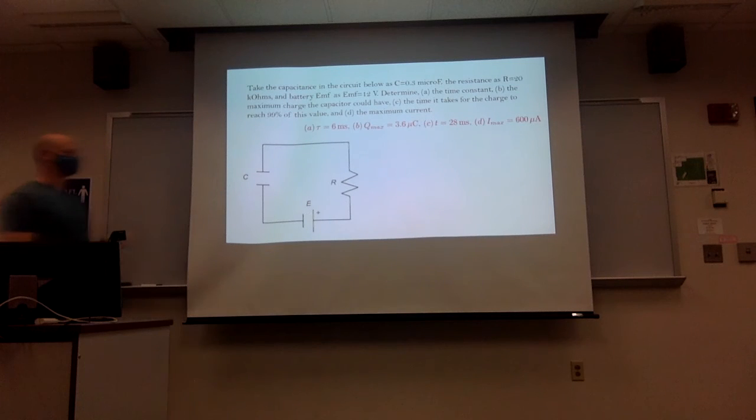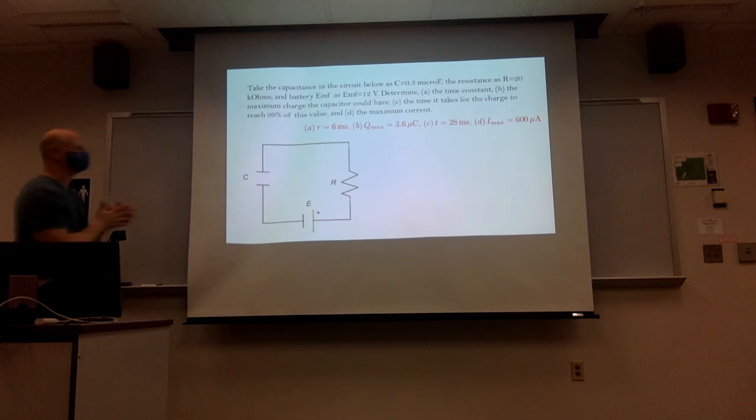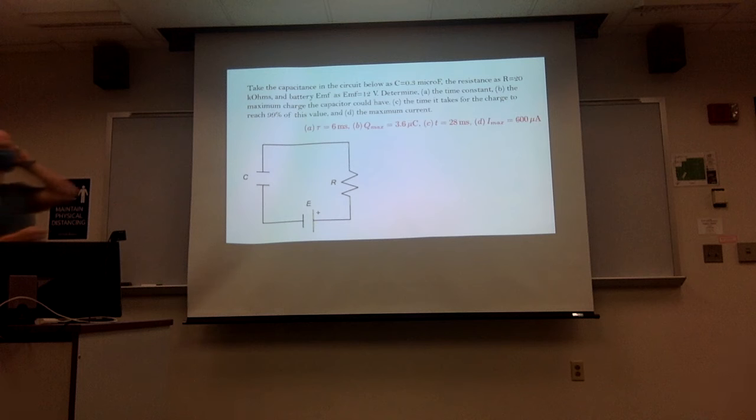And a battery here has an EMF of 20 volts. And then it wants us to determine the time constant, tau, the maximum amount of charge the capacitor could have, the time it takes for the charge to reach 99% of that value, assuming that it starts off at 0, and then the maximum amount of current. So those are what we wanted.